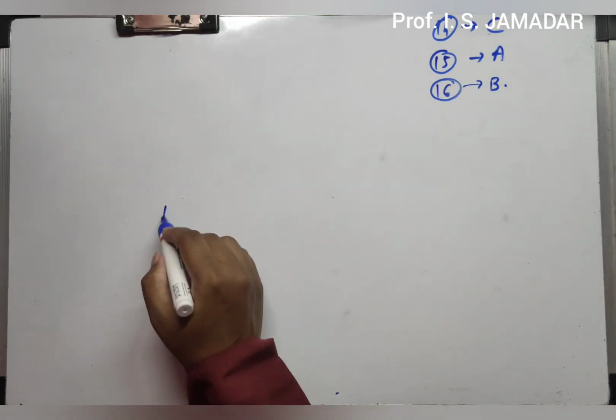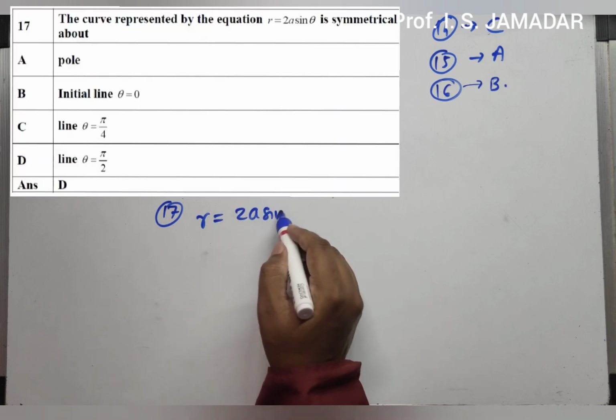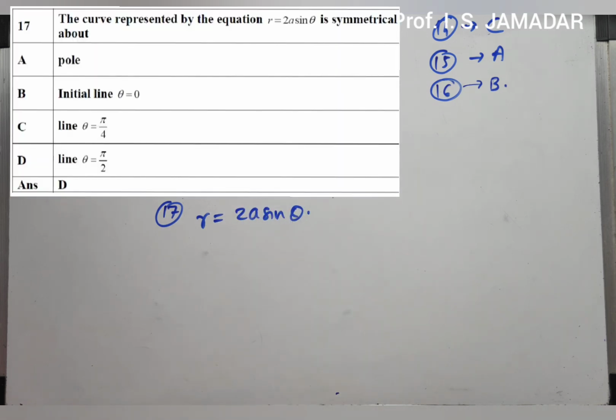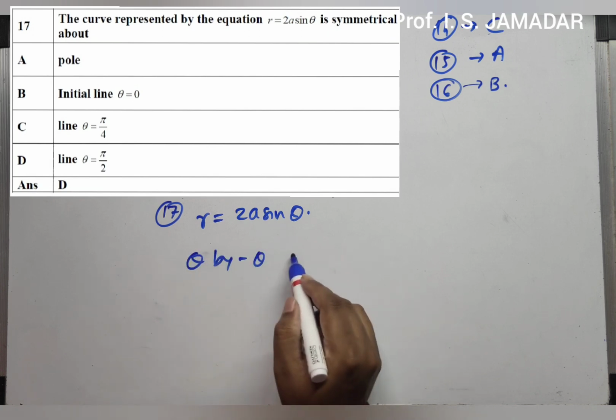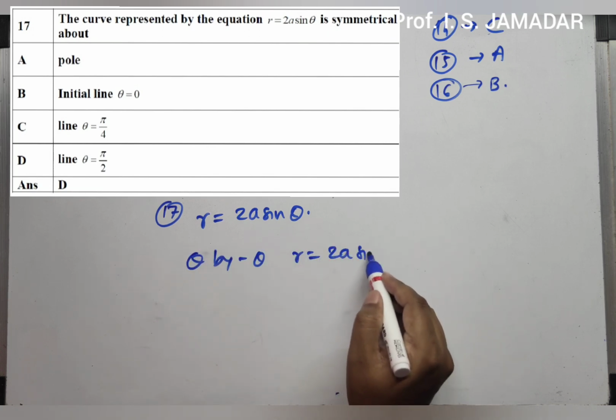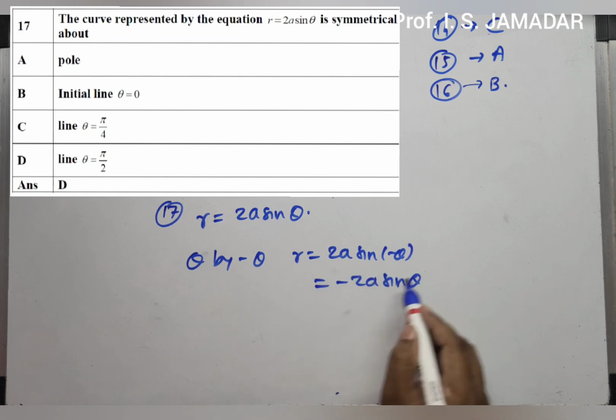Question number 17, we have a particular example. r is equal to 2a sin theta is symmetric about the pole, initial line, theta equal to pi by 4, or theta equal to pi by 2. Now if we replace theta by minus theta, this equation will be r is equal to 2a sin of minus theta, that is minus 2a sin theta, which is changing.